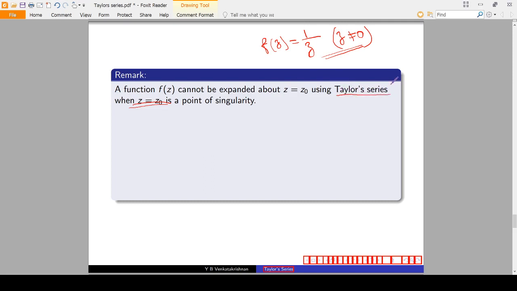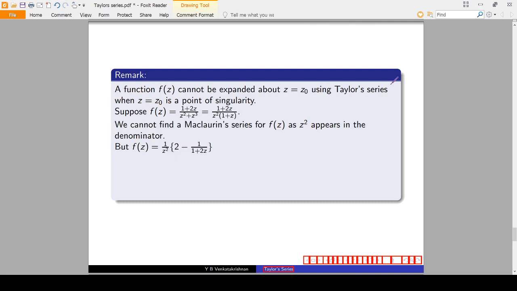This is the greatest disadvantage. But to overcome this disadvantage, you can expand f of z in positive terms as well as negative terms of z. That will give you a new type of series called the Laurent series.